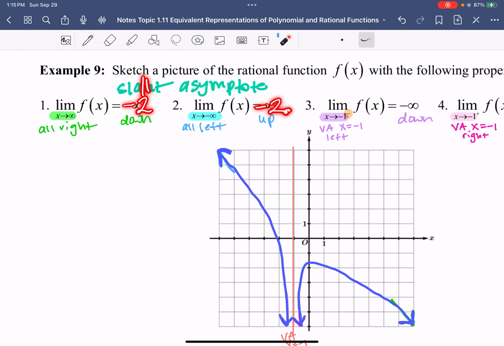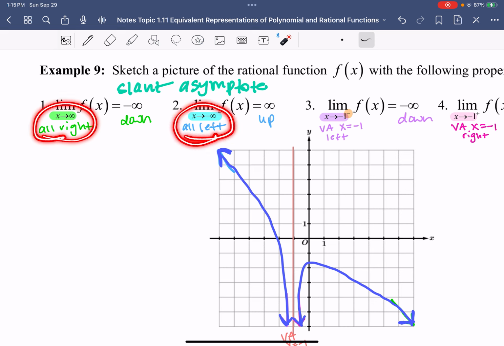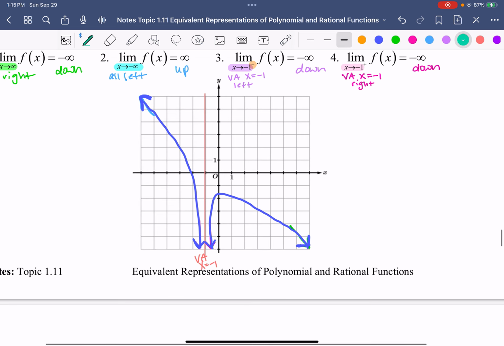This is if it was a horizontal asymptote. Or if it was a bottom-heavy case, then your answer would be 0 for the left and the right. The only way that all the way to the right and all the way to the left you're going to get negative or positive infinity is if you have a slant asymptote. So I could visualize where the slant asymptote would be here.